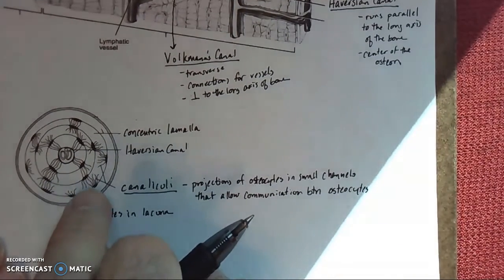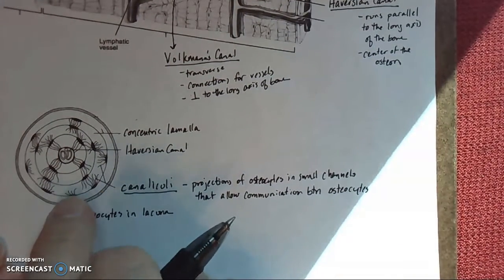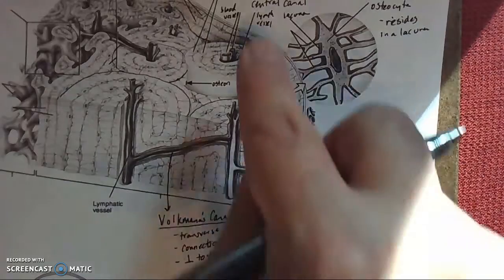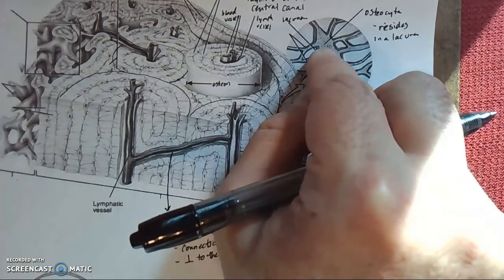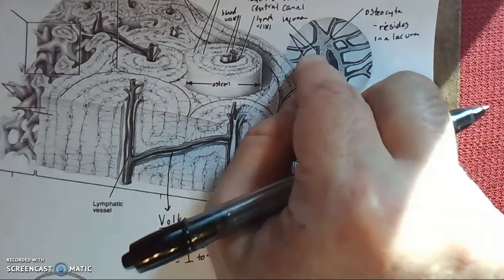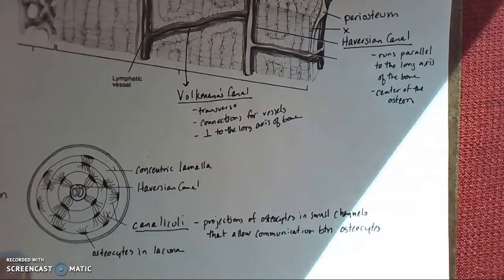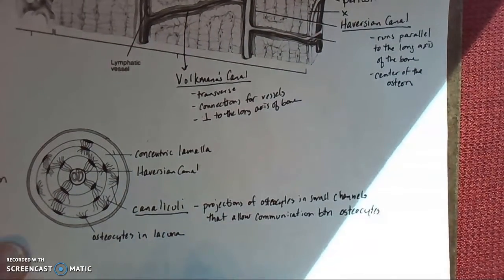So these little channels connect osteocytes to one another and allow for communication between them. So you could see that a little bit better up here, that the cytoplasm of the osteocyte actually travels out and it connects one osteocyte to another. So this basically means little canal, canaliculi.